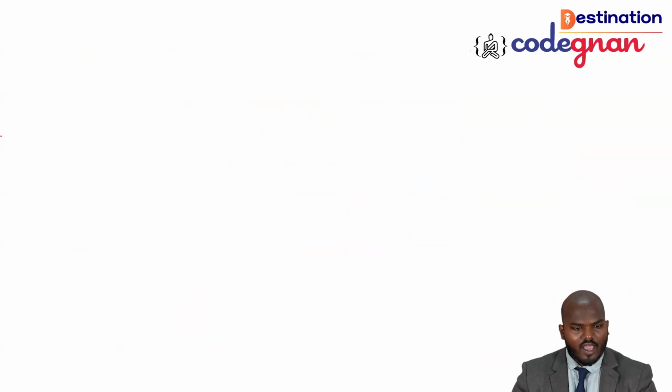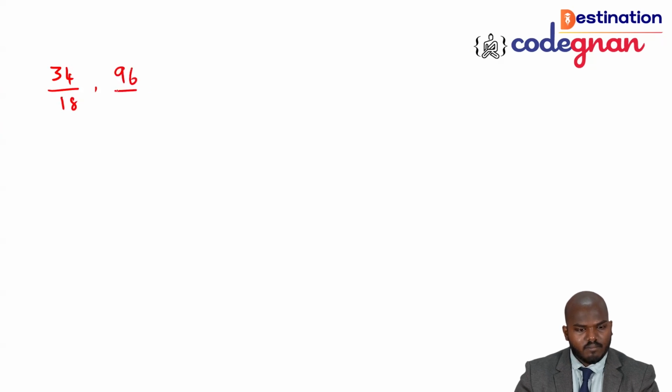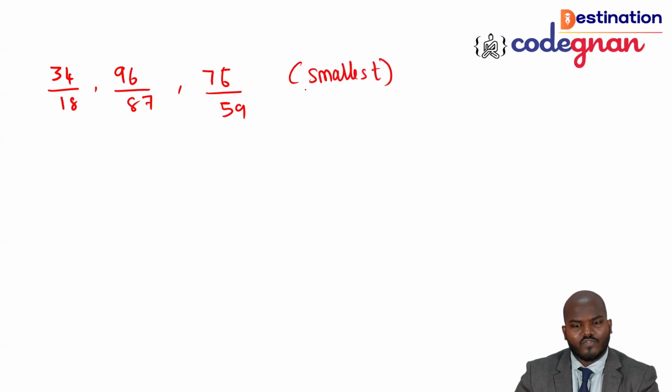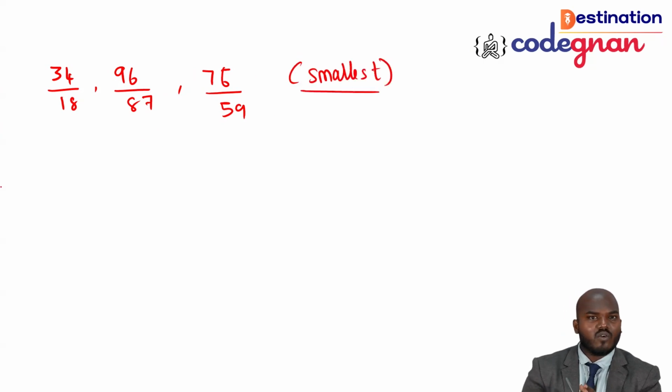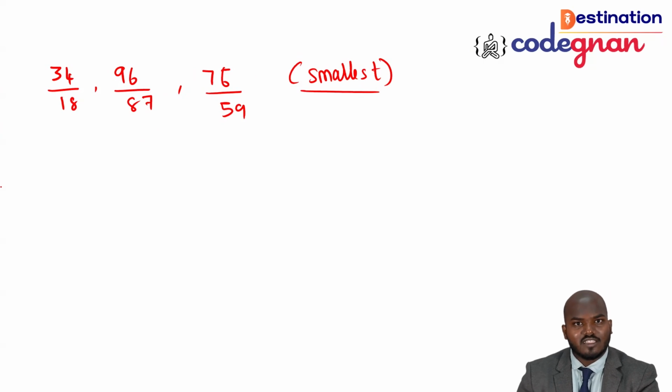We have the values 34 by 18, 96 by 87 and 76 by 59 here. And I'm asking you, which is the smallest fraction? Finding it using the decimal method is not possible here.